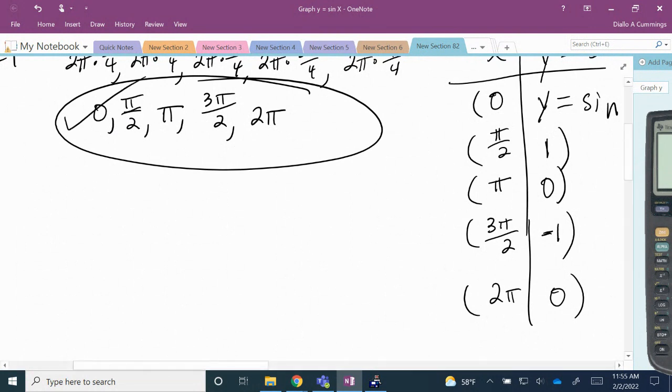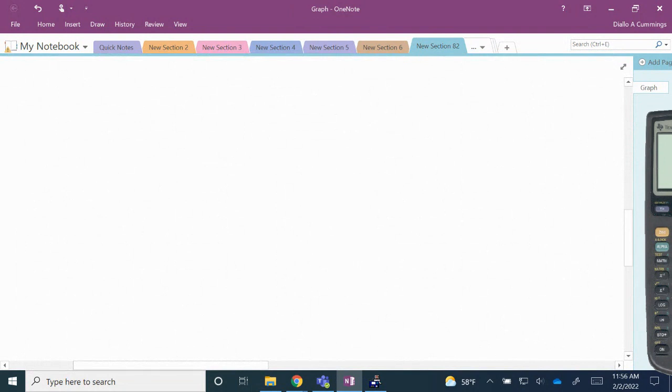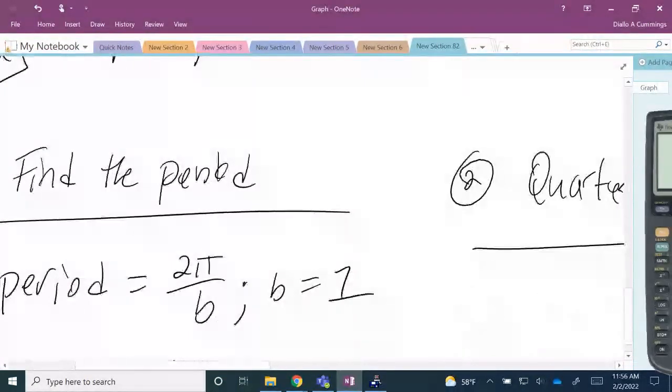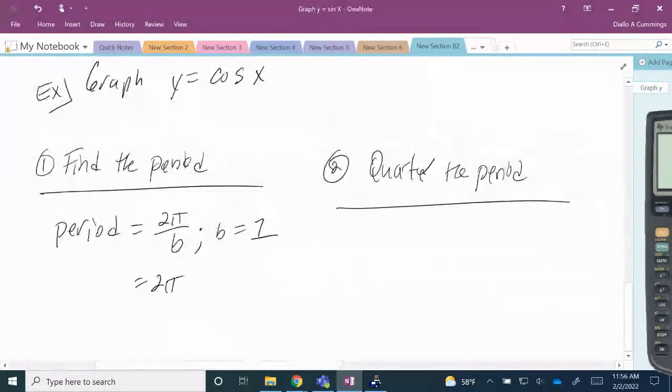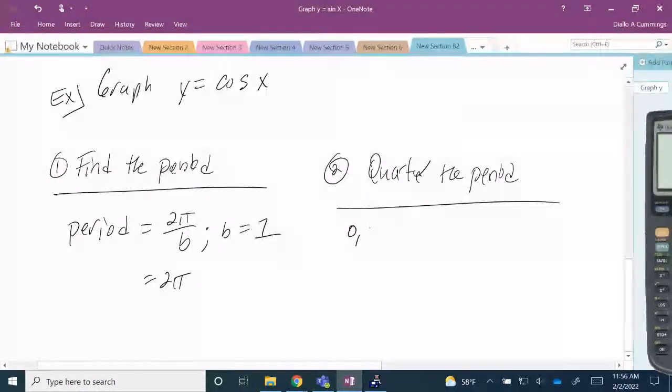You're going to notice that once you quarter your period, you should always, and I mean always, return to these values. So when we quarter the period, we have 0, pi over 2, pi, 3 pi over 2, and 2 pi.